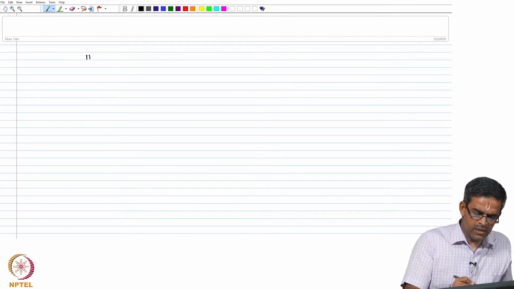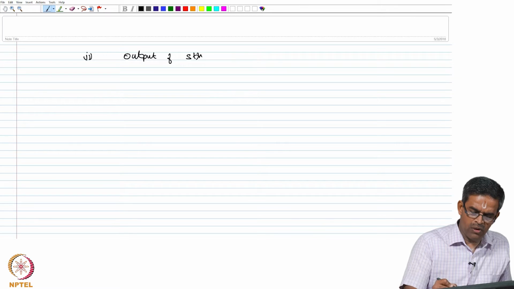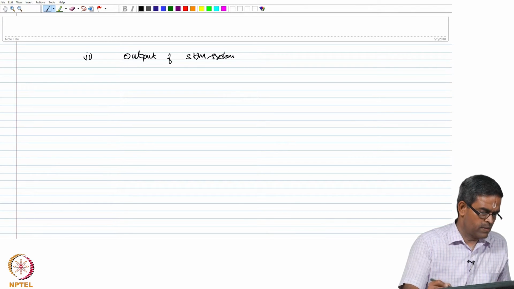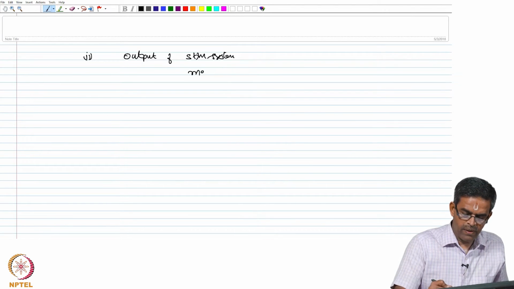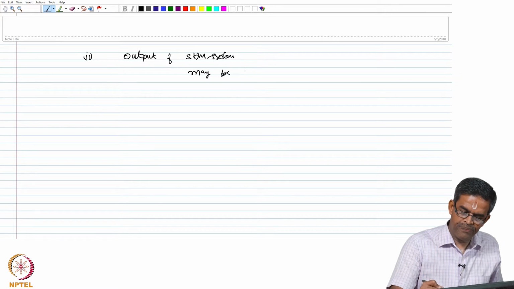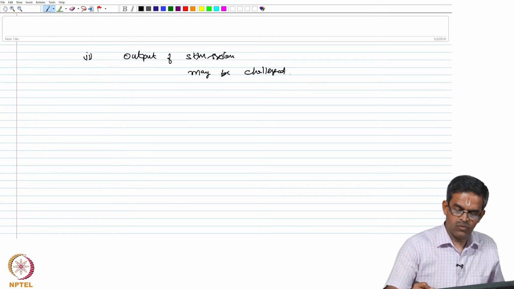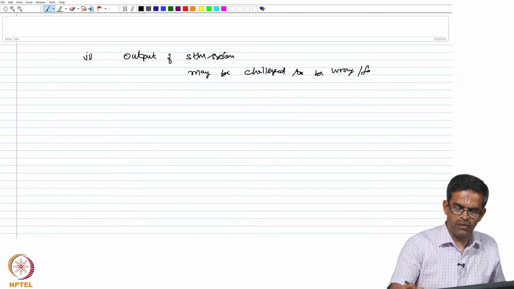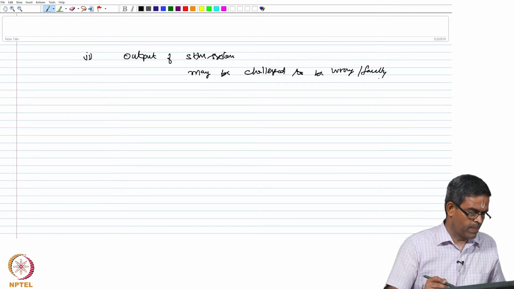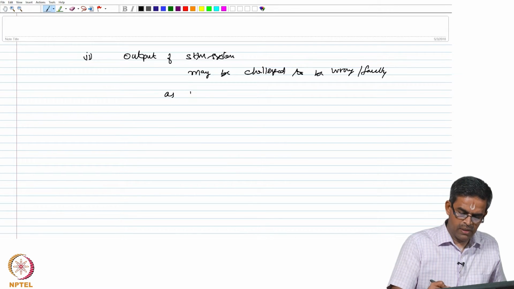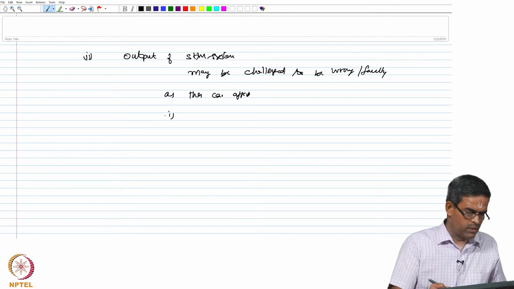The second necessity is the output of structural health monitoring systems may be challenged to be wrong or faulty, as they can affect 1.